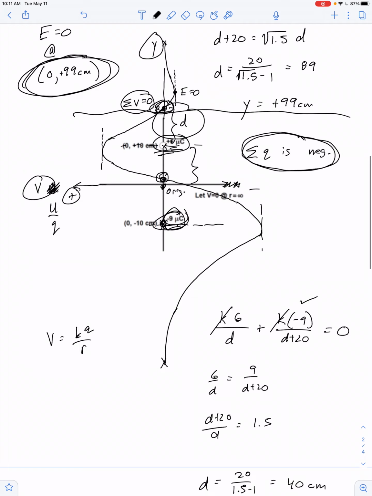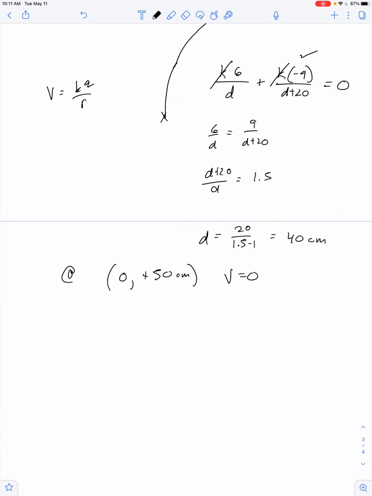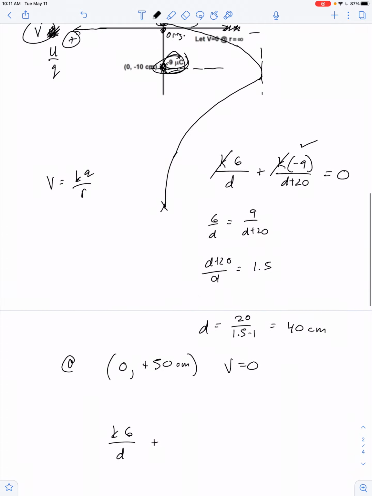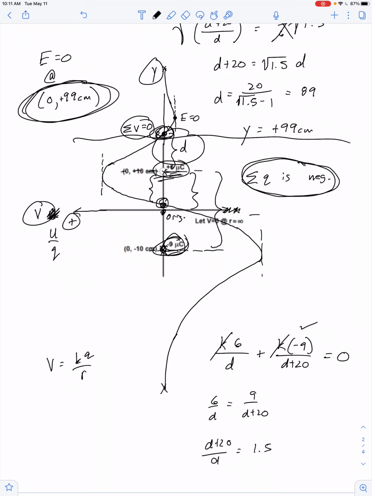So let's continue to use d as a way to represent the distance from the 6 microcoulomb charge. Okay, so this time we have k times 6 over d plus, now the distance between these two is 20 centimeters, right?